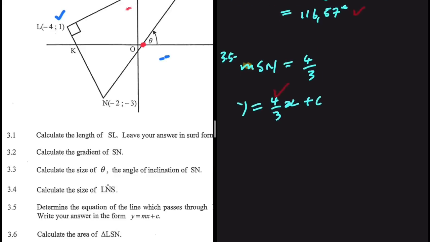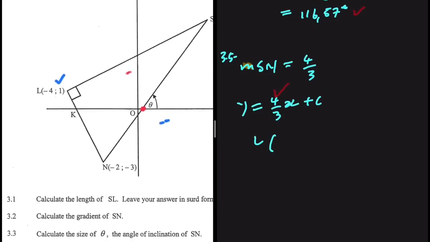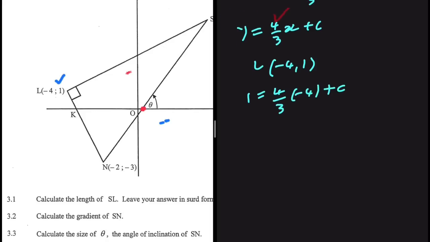Now I just have to find the value of c, but I'm given the point L. They say that the line goes through the point L, so I have coordinates -4 and 1, which I can substitute into this equation to find c. The y value is 1, the x value is -4, plus c. So c is equal to 1 plus 4 divided by 3 multiplied by 4.